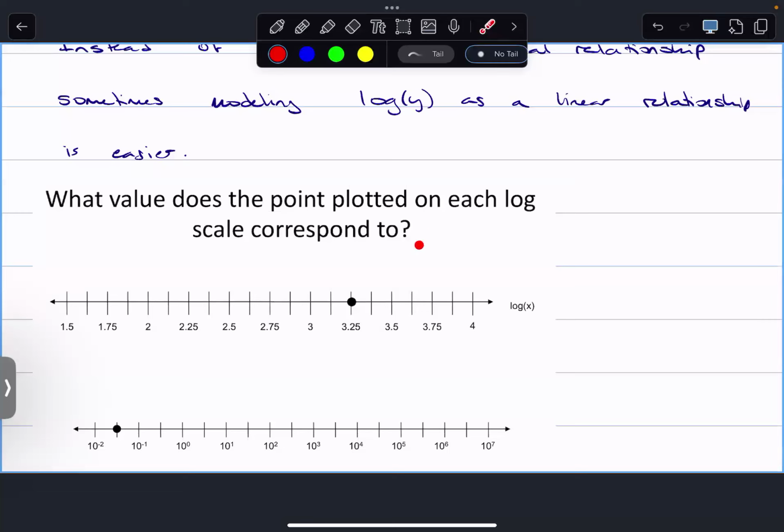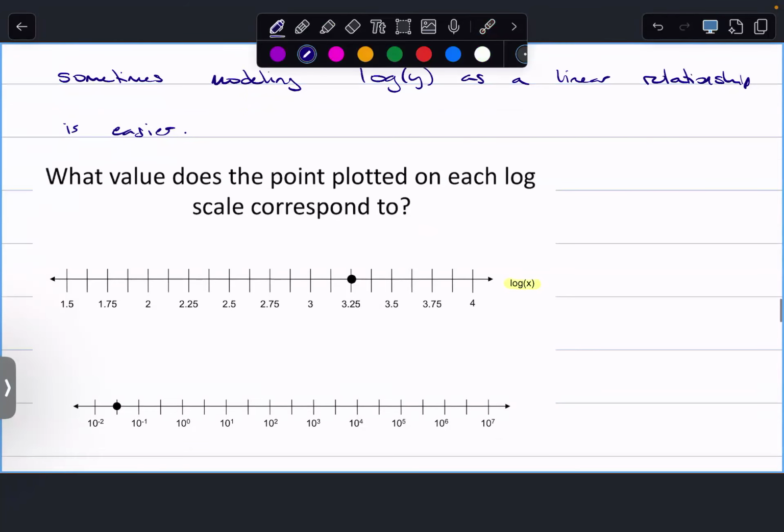So if we have a log scale, what value does the point plotted on each log scale correspond to? Here I've got the log of x. We're told that the log of x is 3.25 in this case. So x must be what? We know how to solve for x, right? 10 to the power of 3.25 equals x.